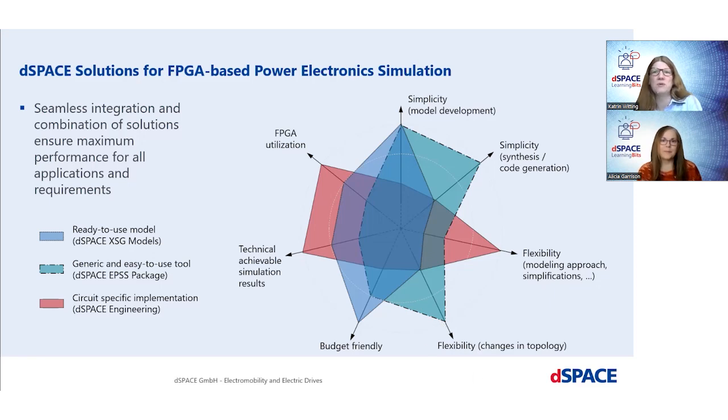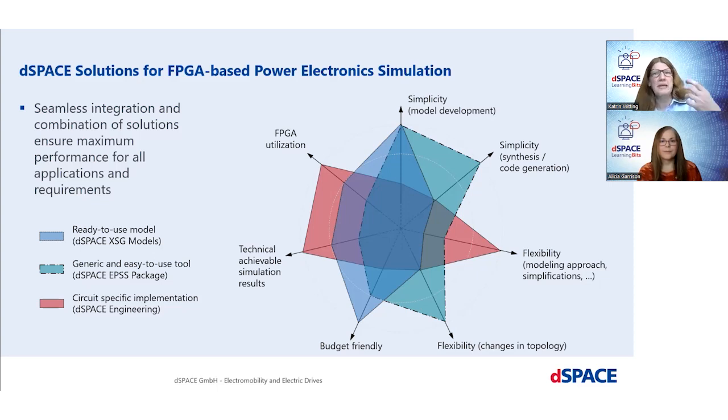Well, the workflow for topology-based modeling with EPSS is quite easy. You just draw your circuit in Simscape Electrical Specialized Power Systems, formerly known as SimPowerSystems, which is a MATLAB Simulink toolbox. EPSS contains an additional Simulink toolbox, which can be used with specific real-time simulation blocks.